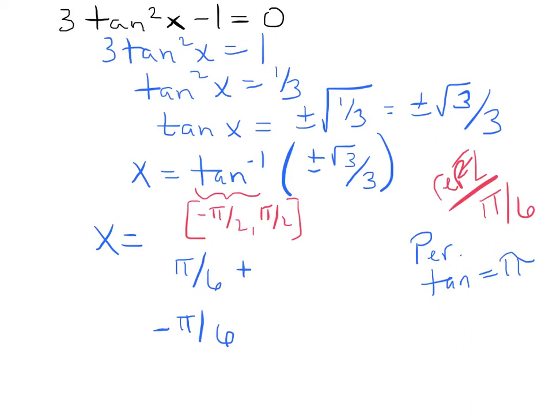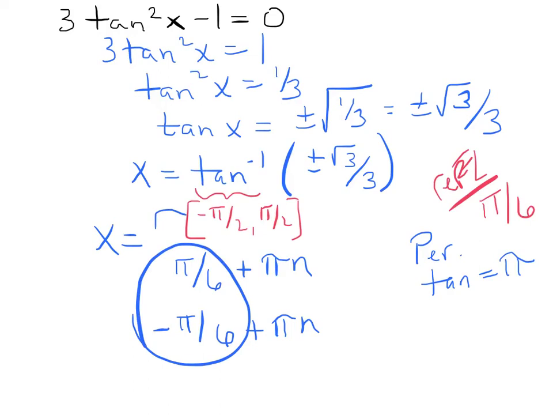So I'd have pi over 6 plus pi n and negative pi over 6 plus pi n. Now if we had some restriction on it, we could have looked at that a little bit differently, but without the restriction, we have to go with the way the inverse tangent is defined. So that's why we have to keep our values within this range.